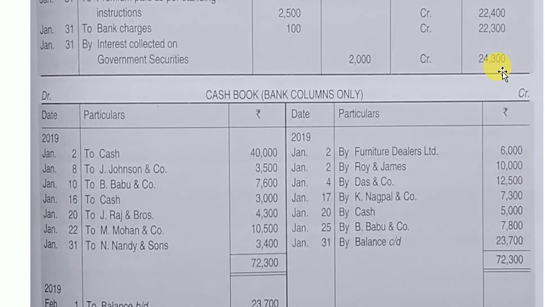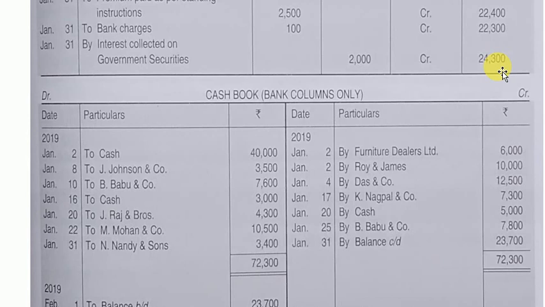So this difference is arising due to a few causes or reasons which we will discuss in our next class, that is, what are those reasons or causes due to which the balance of the cash book and the balance of the passbook on a particular date show different figures.